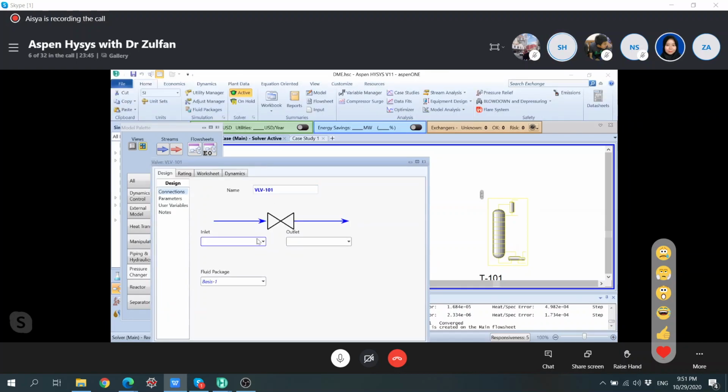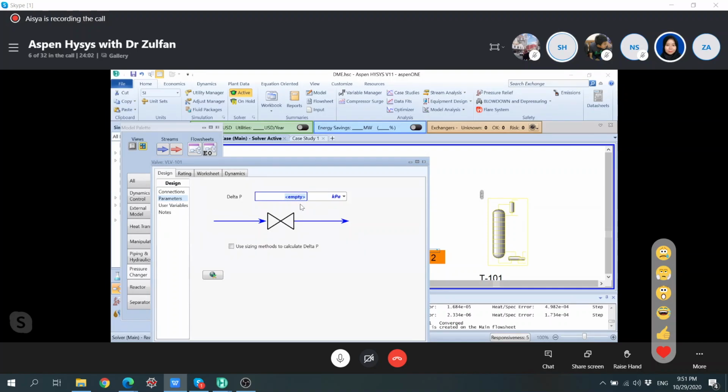Valve 11 to 12, and then stream 12 is 7.4 bar. Go to worksheets.